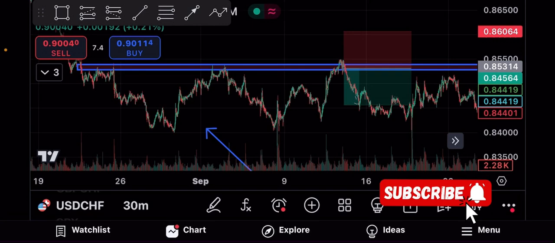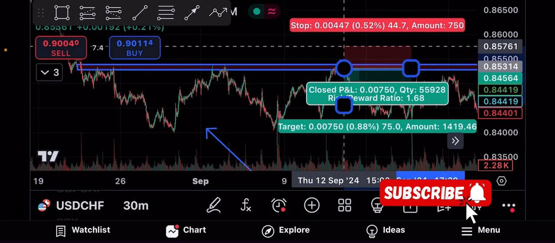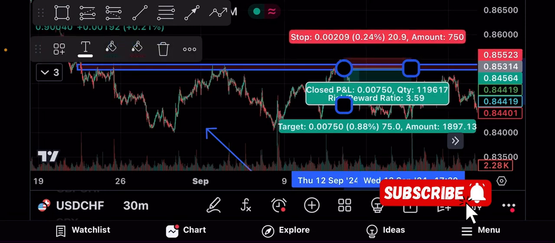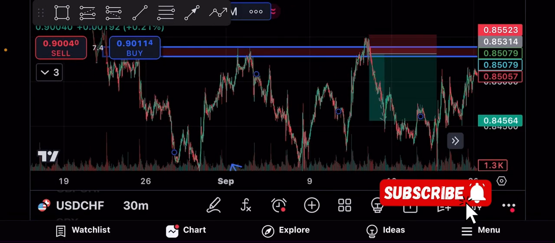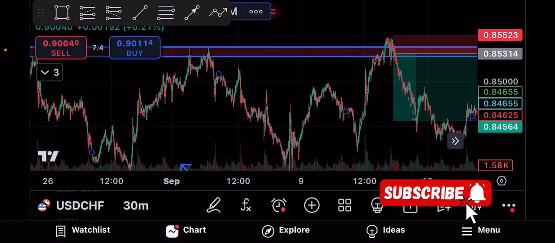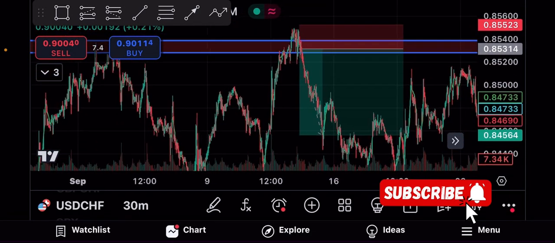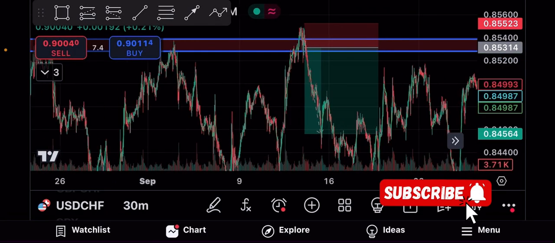Okay, so here, if you took a sell right here at the resistance level, boom, your TP will be smashed.